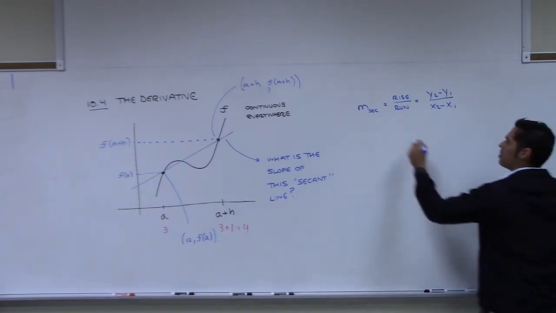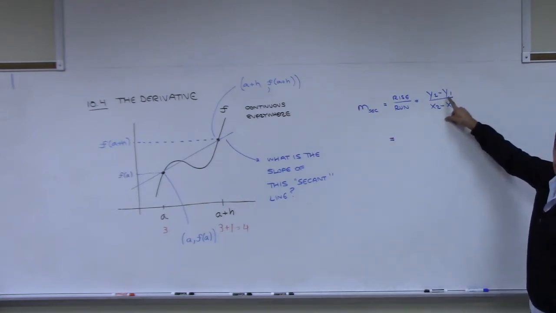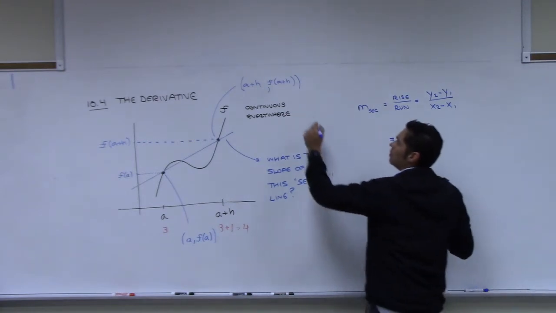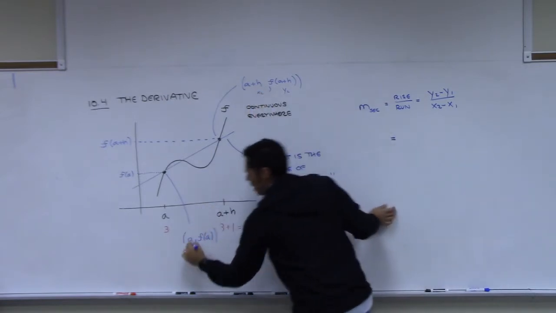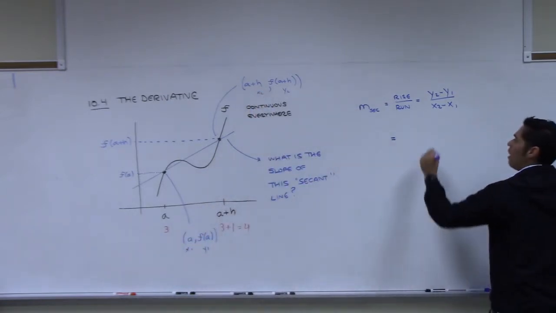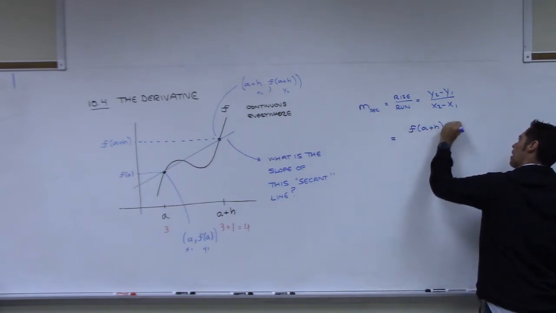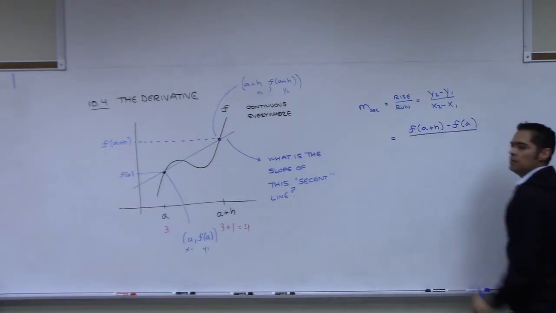So what is y2 minus y1? What's y2? Is this one right here? That's y2. This is x2. This is x1. This is y1. So y2 minus y1 would be f of a plus h minus f of a, all over what?